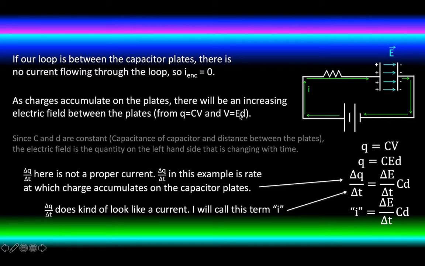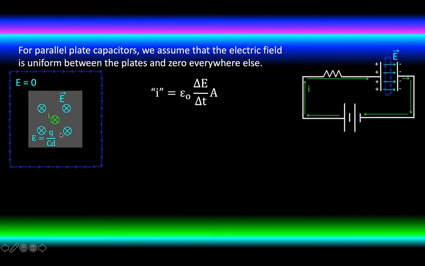So I could write Q is equal to C times E times D. I could rearrange to solve for E, and I get a term that looks like Q over C times D. So the electric field between the plates has a value that is not 0. Everywhere else, the electric field is 0.